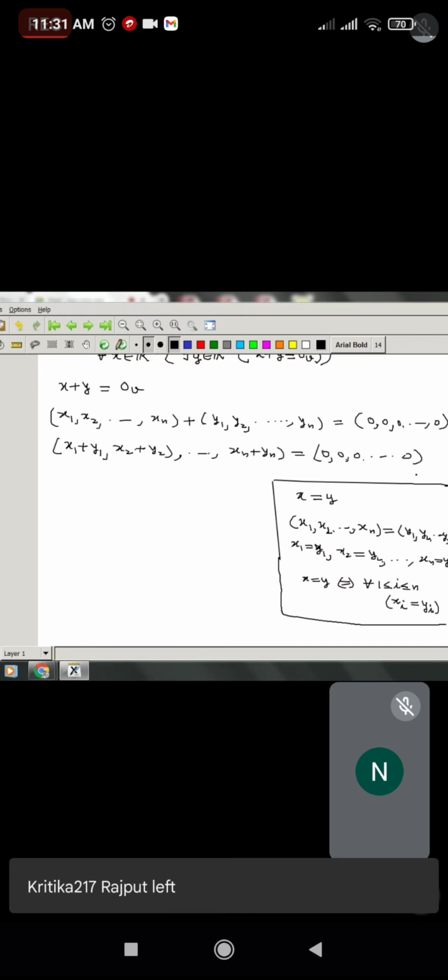So when this vector and this vector are equal, how can we compare? It means the first element of this vector is equal to the first element of the second vector. So x1 plus y1 is equal to 0, x2 plus y2 is equal to 0, and similarly xn plus yn is equal to 0.